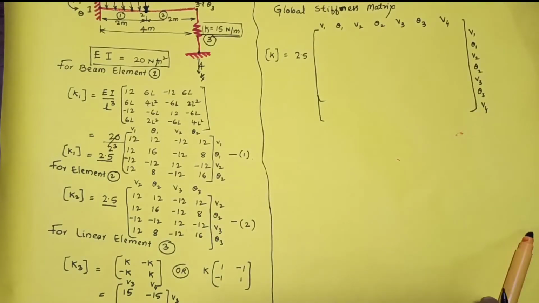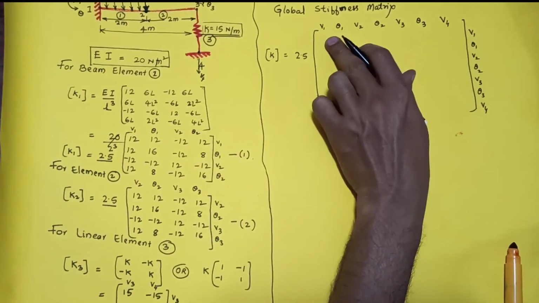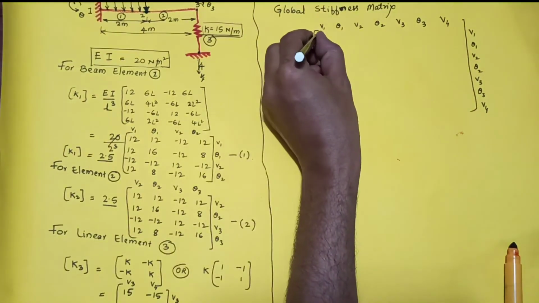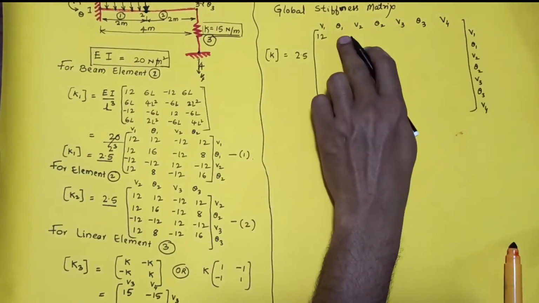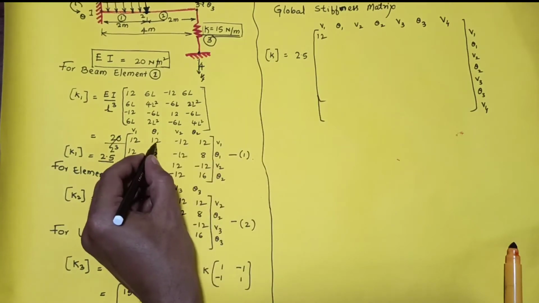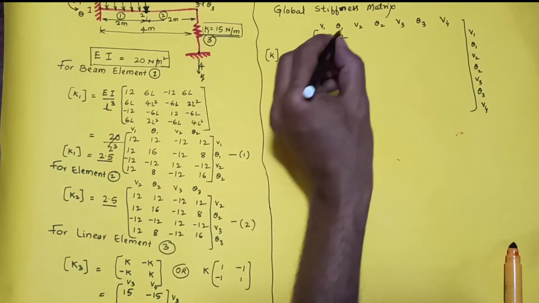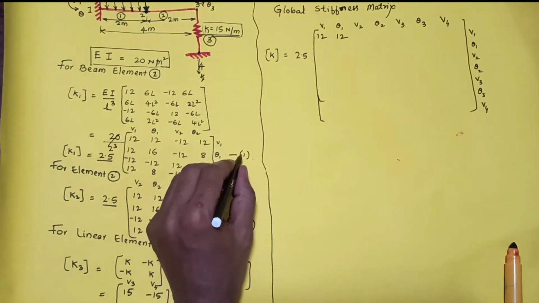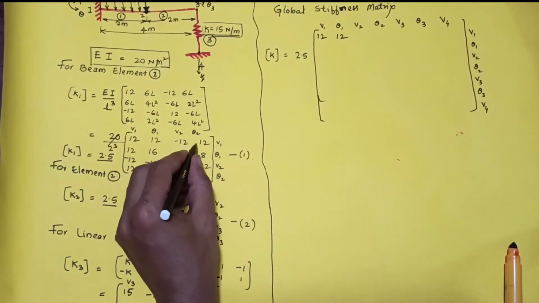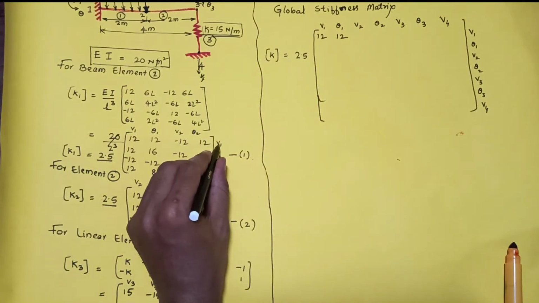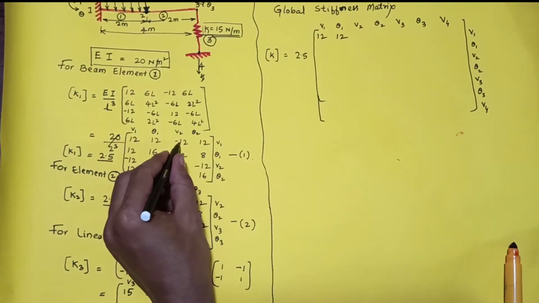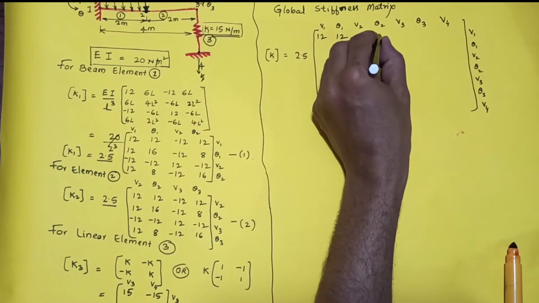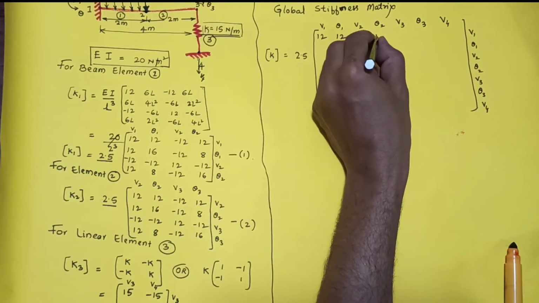Now we'll go for checking. V1 V1, you have 12. V1 theta 1 is again 12, because it will be there only in matrix 1. That's what I am concentrating on here. Next V1 V2 is minus 12, V1 theta 2 is 12 plus 2.